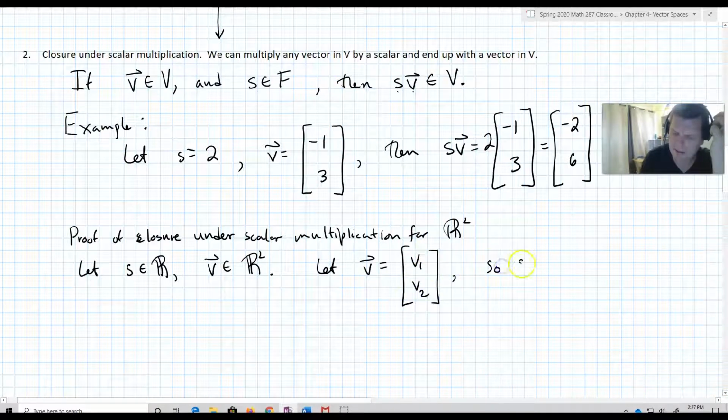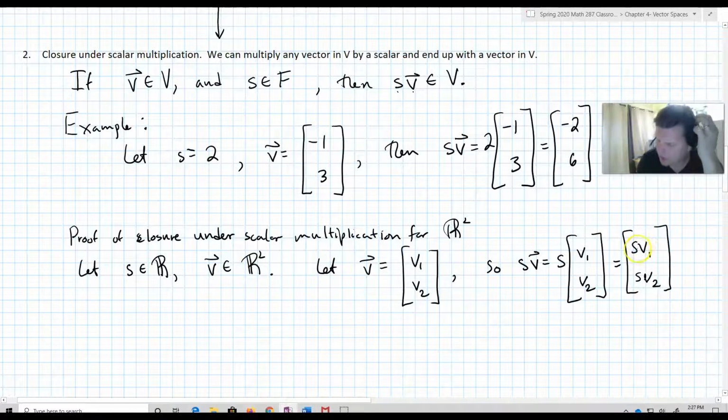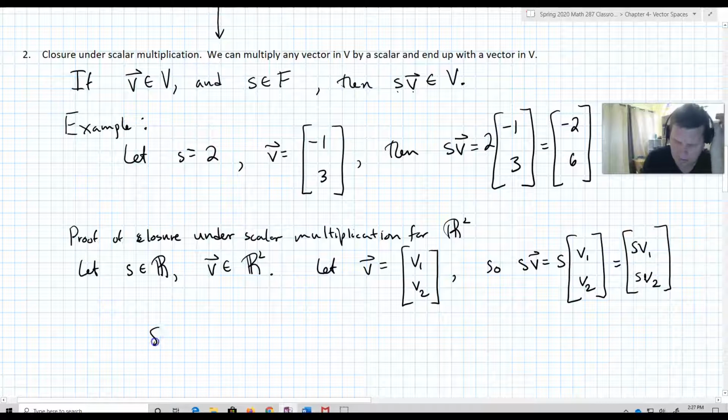So sv equals s times (v1, v2), which equals (sv1, sv2). Now, this is just a real number times a real number. sv1 and sv2 belong to the reals, okay?